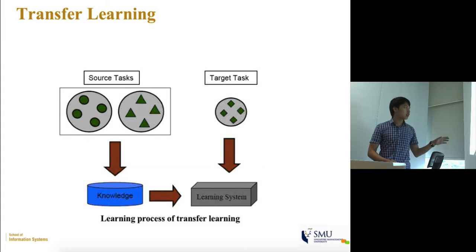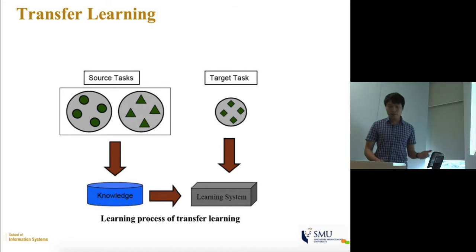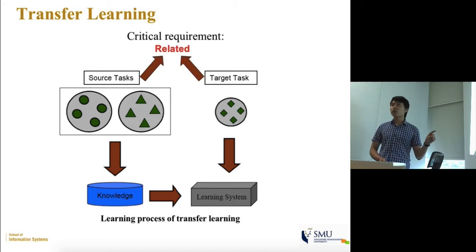This is the framework of a traditional transfer learning model, in which you have source domain data and target domain data, and the idea is you apply the knowledge that you learned from the previous task to improve or enhance the performance of the target task. One critical requirement for the success of a transfer learning algorithm is that the source domain and the target domain have to be closely related.